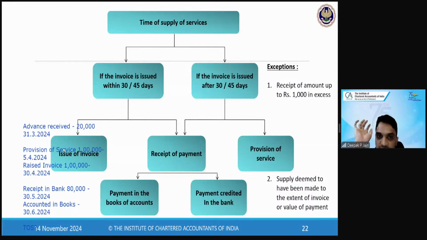So for advance, you will not raise an invoice. So to the extent of advance received, time of supply is triggering. So supply is deemed to have been made to the extent of the value of payment you have received. So 20,000 received, so to the extent of 20,000, it is deemed that you have made a supply.